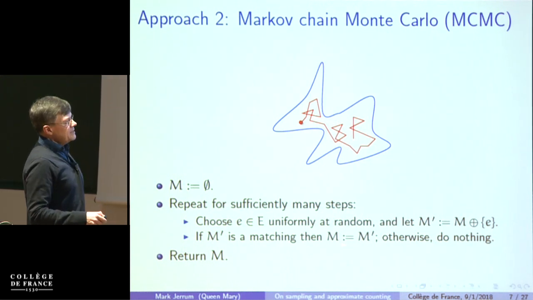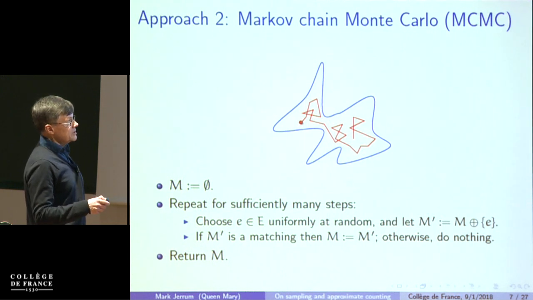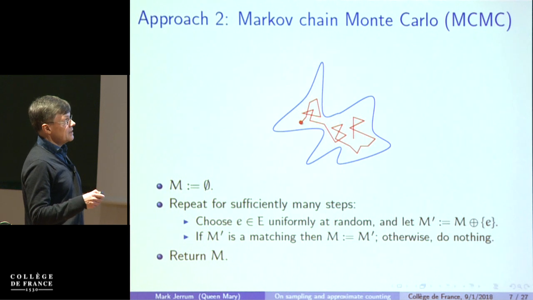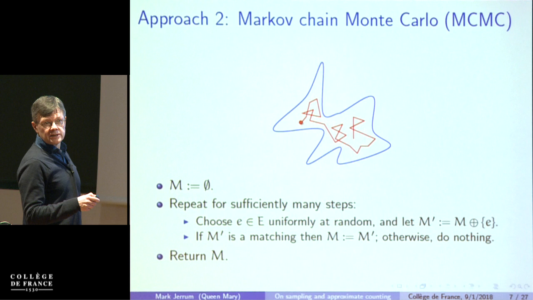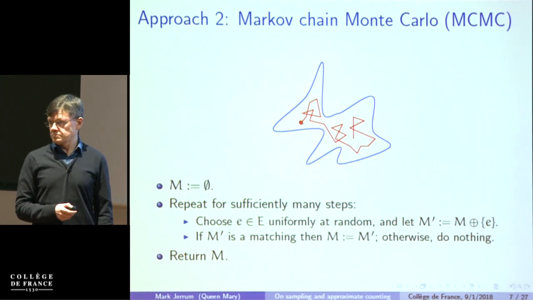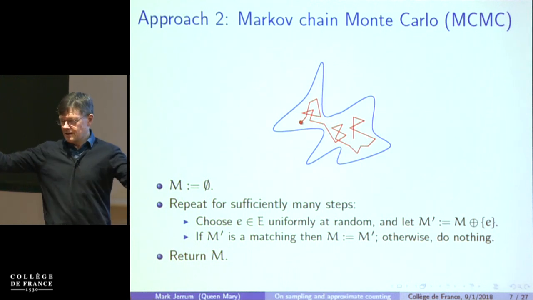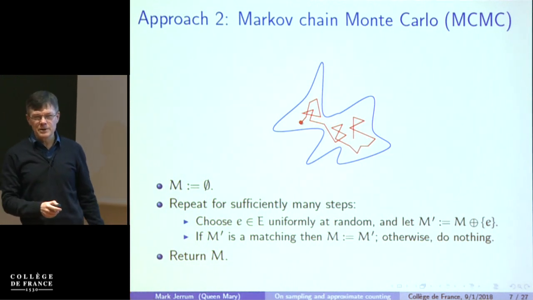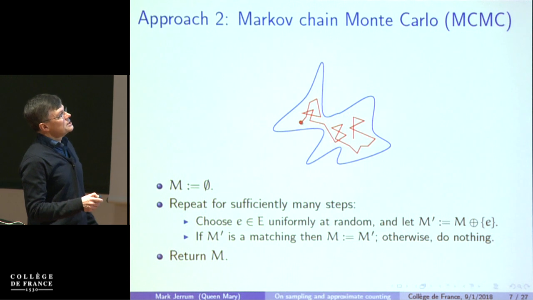It's usually easy to see that this stochastic process settles down in equilibrium in a state in which each of the matchings is equally likely. This is just like searching the web or something like the web graph. So that's not in doubt.